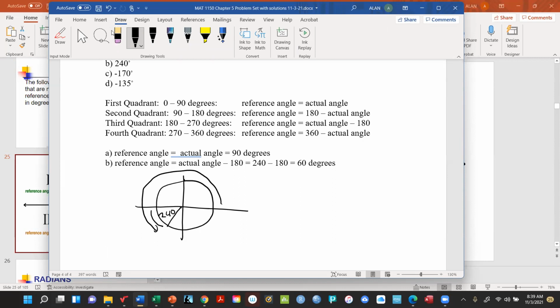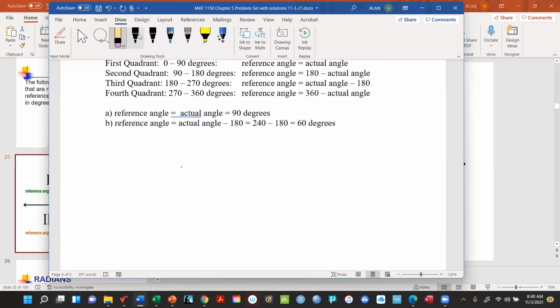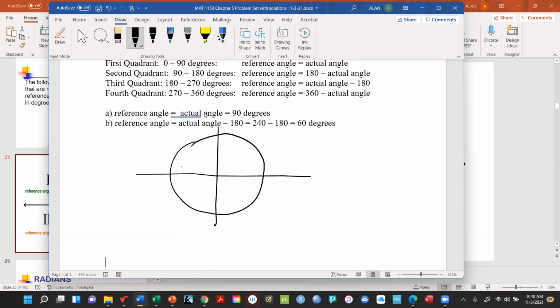Okay, so in other words, yes, you're going all the way around. Actually, let me draw this again, a little bigger so you can actually see what I'm doing. If you're at, let's say here, this entire angle is 240 degrees because going through the first two quadrants is 180. Then we add 60 more degrees to that.